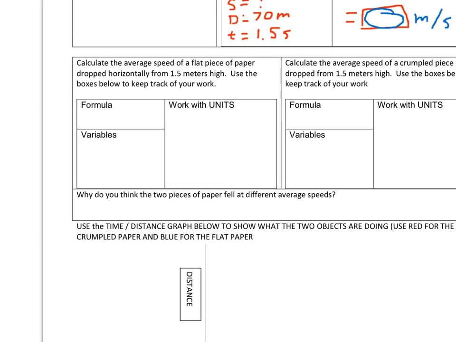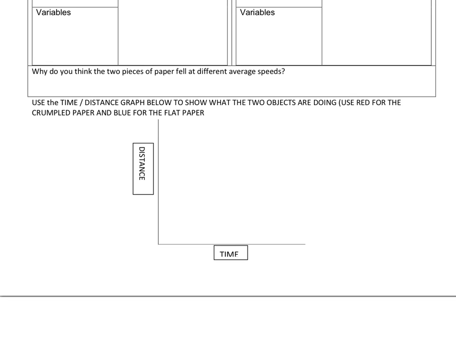And then at the bottom, I'm asking you to graph what that might look like. It says to use different colors here for your graph for 2 different lines. If you don't have those colors, you can just change the key on your graph. But without giving too much away, the paper that was flat, do you think a line for that paper looks like this?